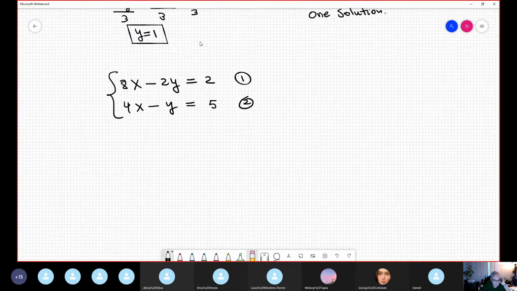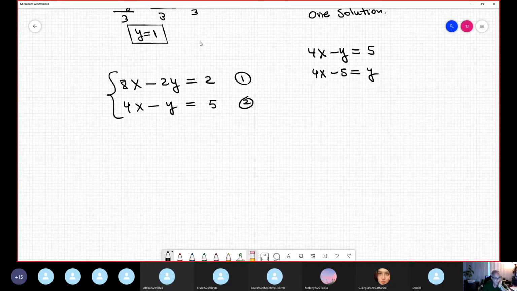You isolate the y. To isolate the y, I copy 4x minus y equal 5. I propose you keep 4x here, minus 5, and move y to the other side. Perfect. And this expression is y. Now use substitution.